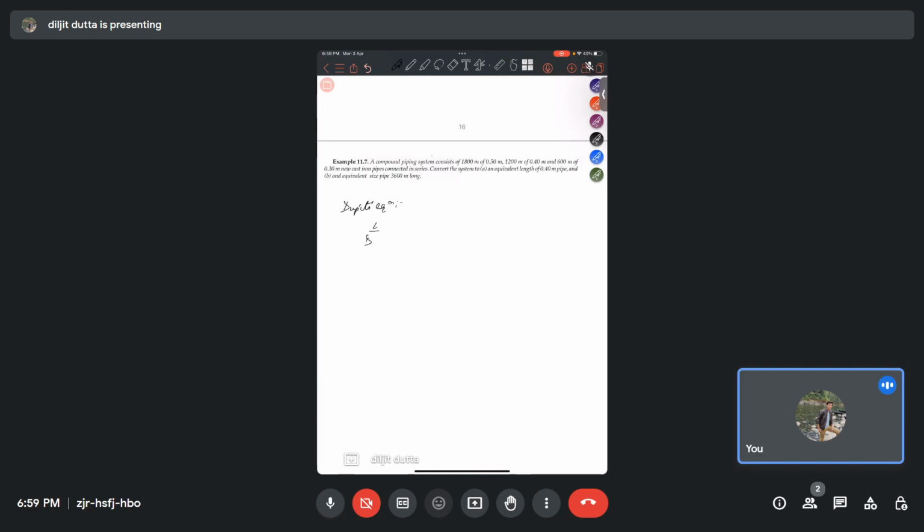L by D to the power 5 equals L1 by D1 to the power 5 plus so on. So for final L, 0.4 to the power 5 equals 1800 by 0.5 to the power 5 plus so on. The total term will be 4.318 meter.